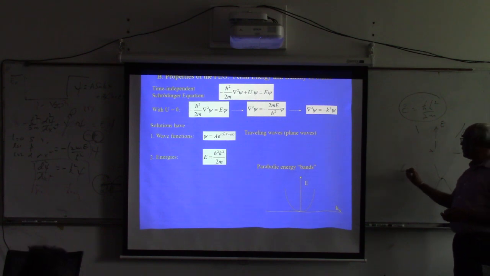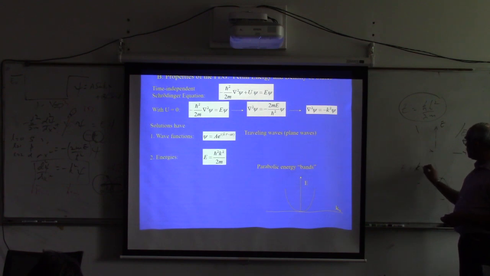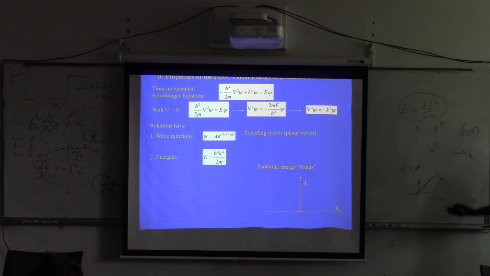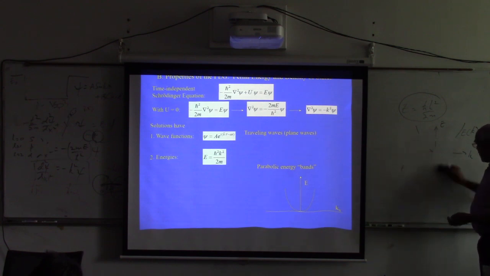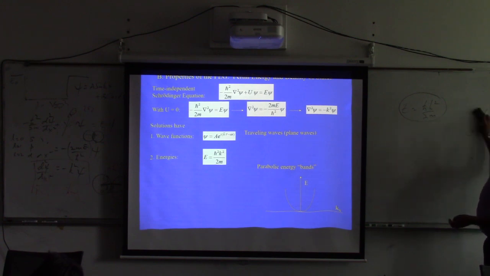In that case, your energy is directly proportional to k times v, more like a linear relationship. I will talk about that later, but it doesn't follow this relationship. It turns out to be relativistic, because zero mass means you have to use the relativistic Dirac equation.